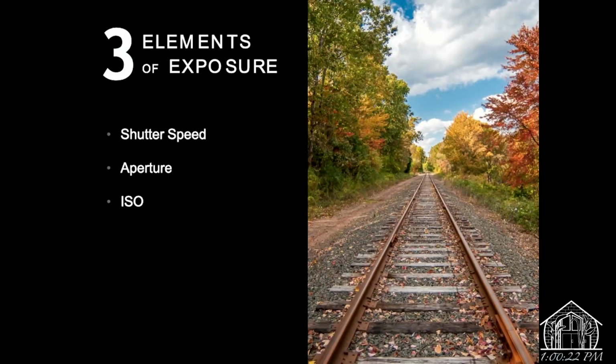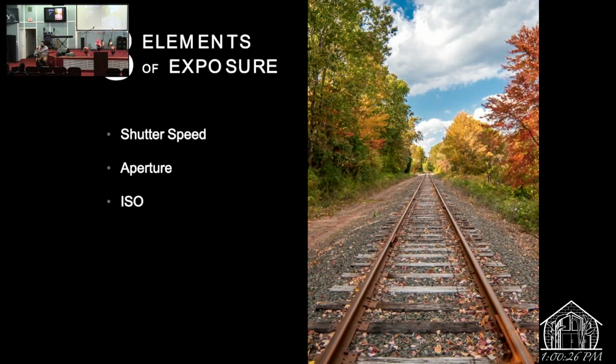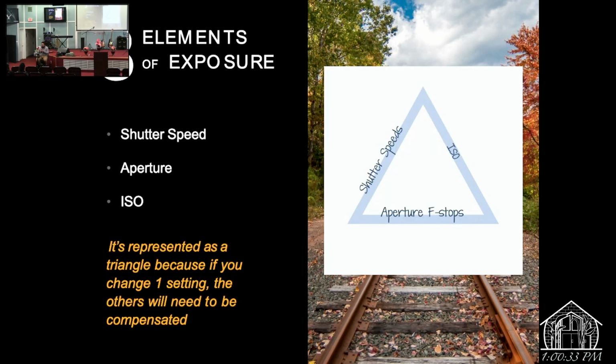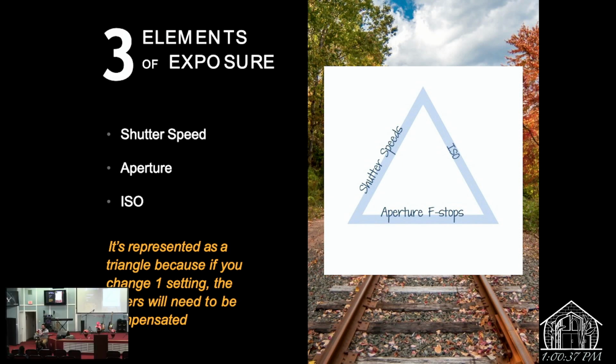Okay, so like I said, we have three elements of exposure. We have shutter speed, aperture, and ISO. All these elements affect the image quality and light going into the camera. So like I said, it's a triangle. If you move one, it affects the other one.